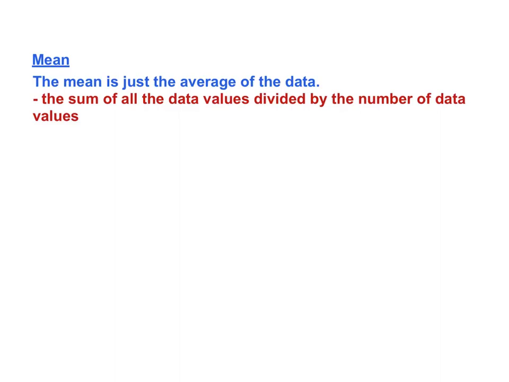Now technically, there are 2 types of means that you can find. You can find the sample mean, and you can find the population mean. And the difference is, you have to know through the data given to you whether or not all of the population, every single value in the population, was used, or a portion of it.